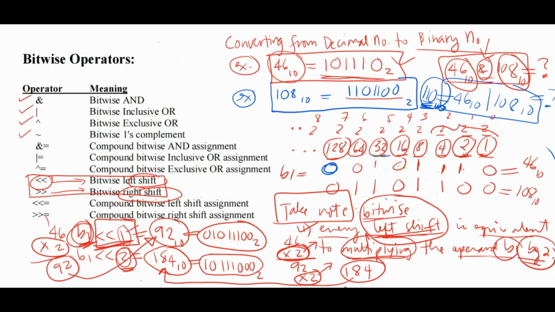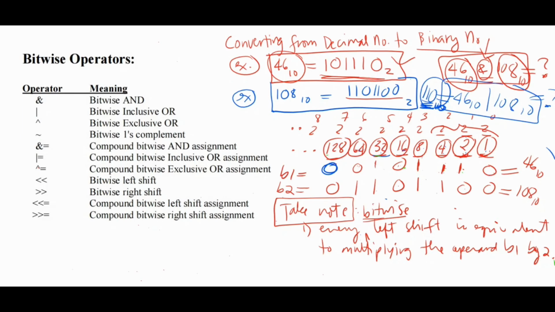So when you left shift twice, you multiply the operand B1 by 2 twice also. So B1 shift left 1 here is equal to 46 times 2, which gives you 92. The left shift twice gives you 184, which is equal to 46 times 2 times 2.